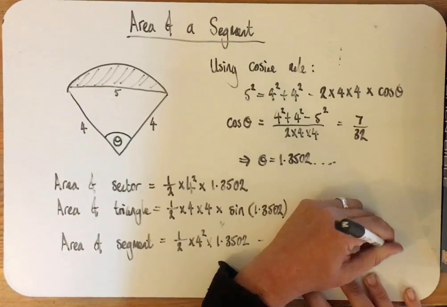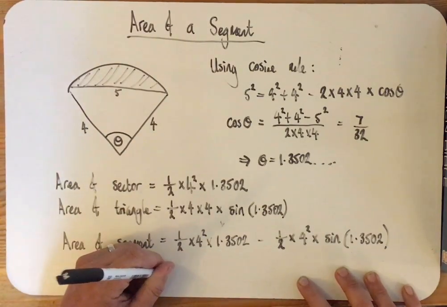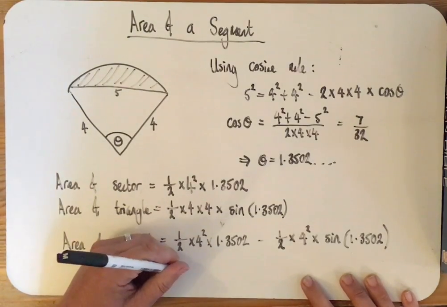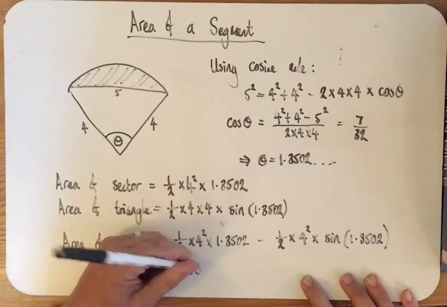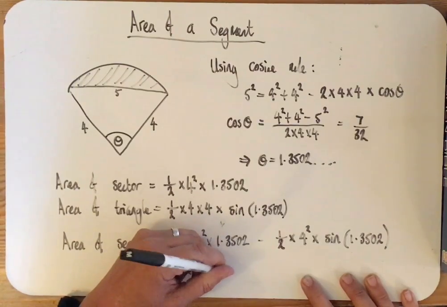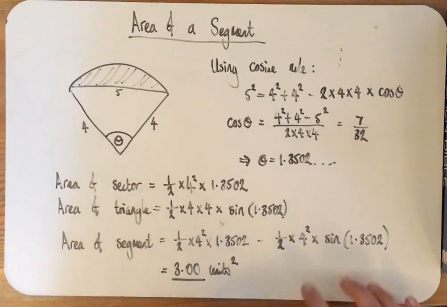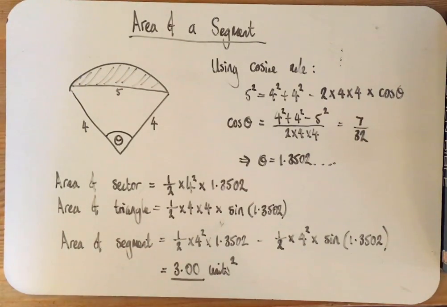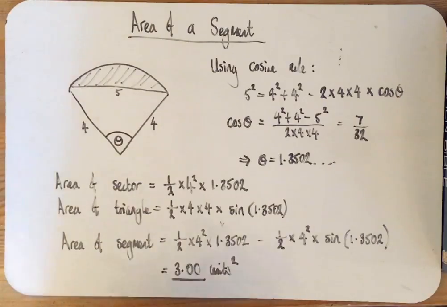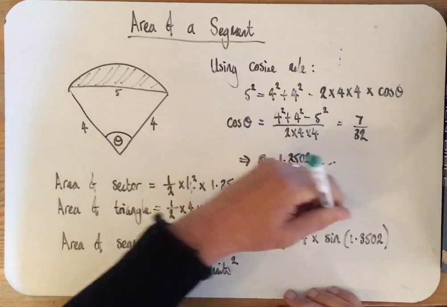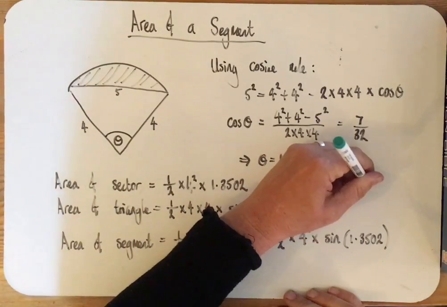And you can just pop that through the calculator, and you should end up, to 3 significant figures, with 3.00 units squared for that one. But yeah, just be a little bit careful of rounding error from there. But you're basically just doing the area of the sector minus the area of the triangle.